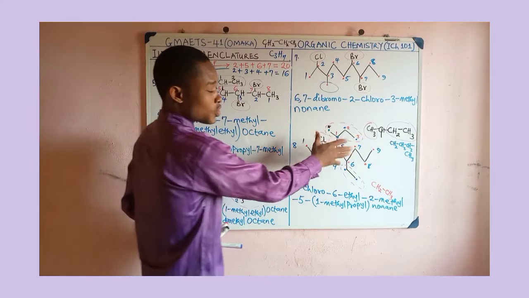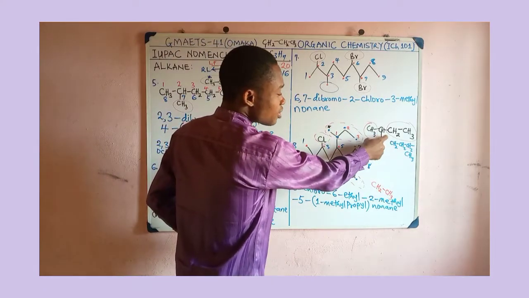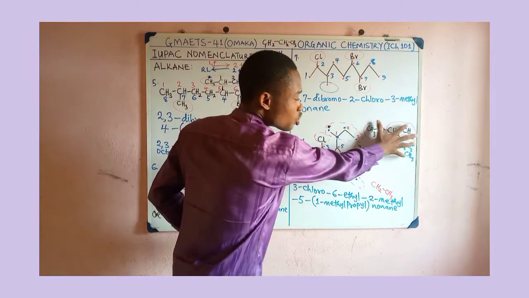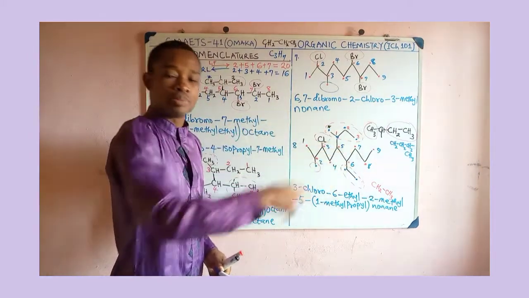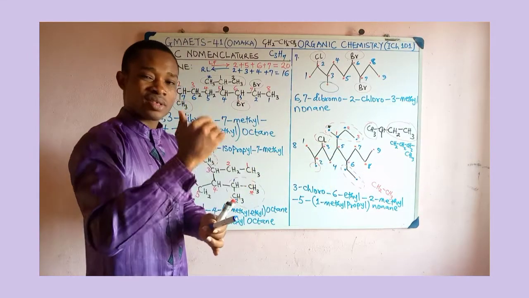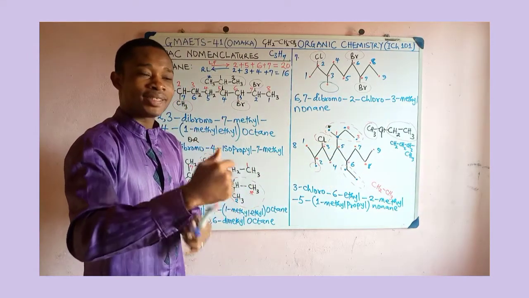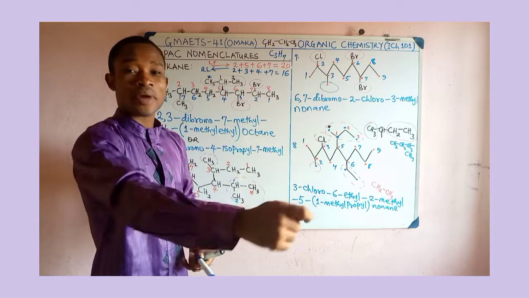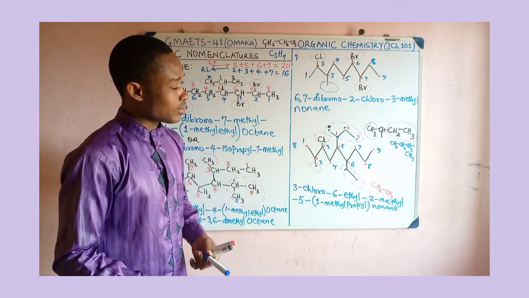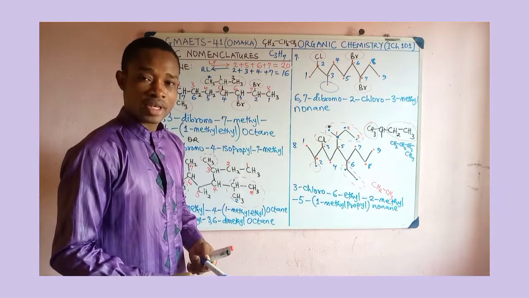So why I went to say all this is because this butyl structure is actually a secondary butyl, which is pronounced sec-butyl, and italicized if you're actually writing it. So let us see how it goes. Are we ready?